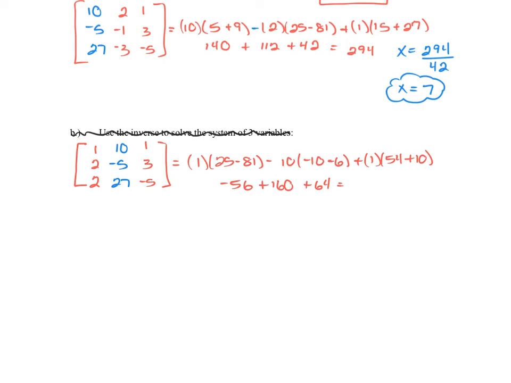I'm going to get a 168. Sorry, I had to pause that there. So I get a 168. So now my y is going to be that 168 divided by the determinant of the original matrix. The original matrix determinant was 42. So my y value is 4.